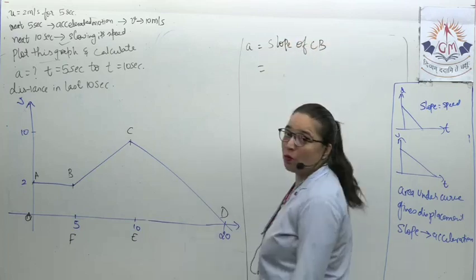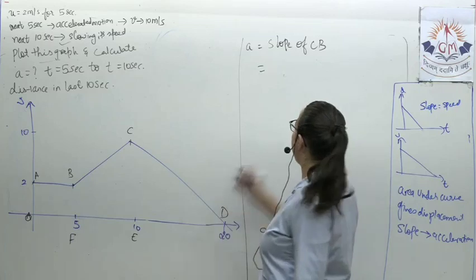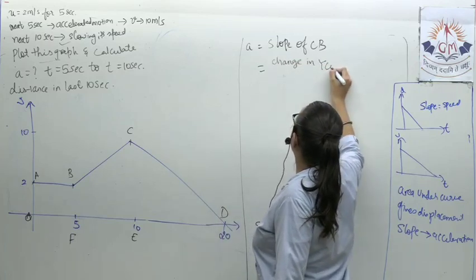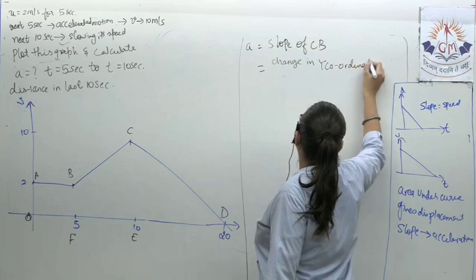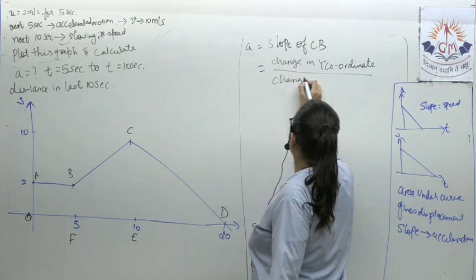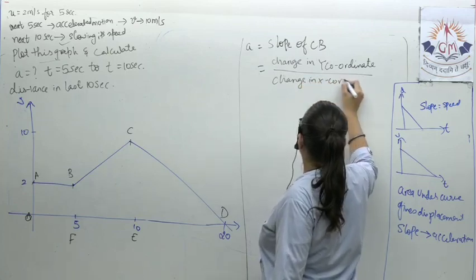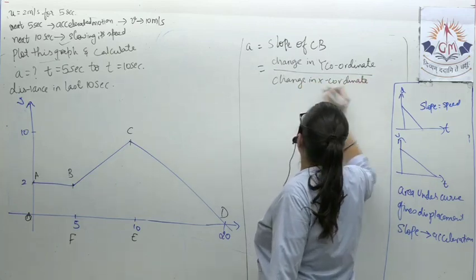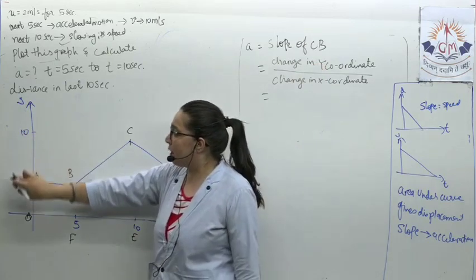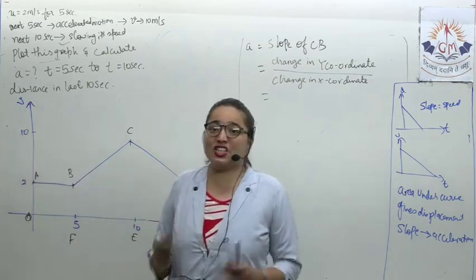Now what is the slope? Change in y coordinate upon change in x coordinate. I hope it's clear. What is the change in y coordinate now? Change in y is from 2 it became 10. So what is the change?